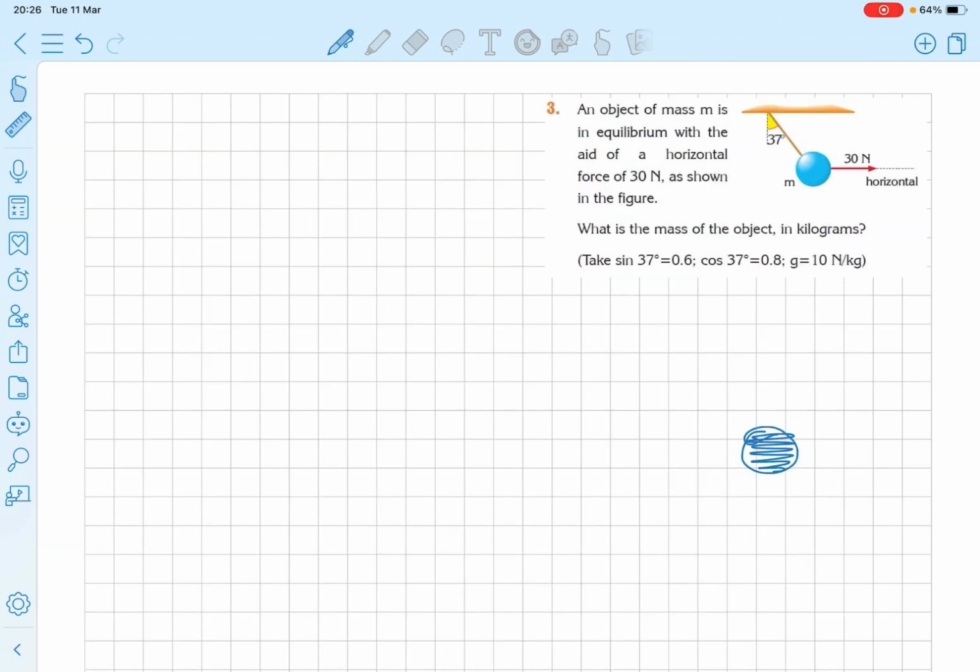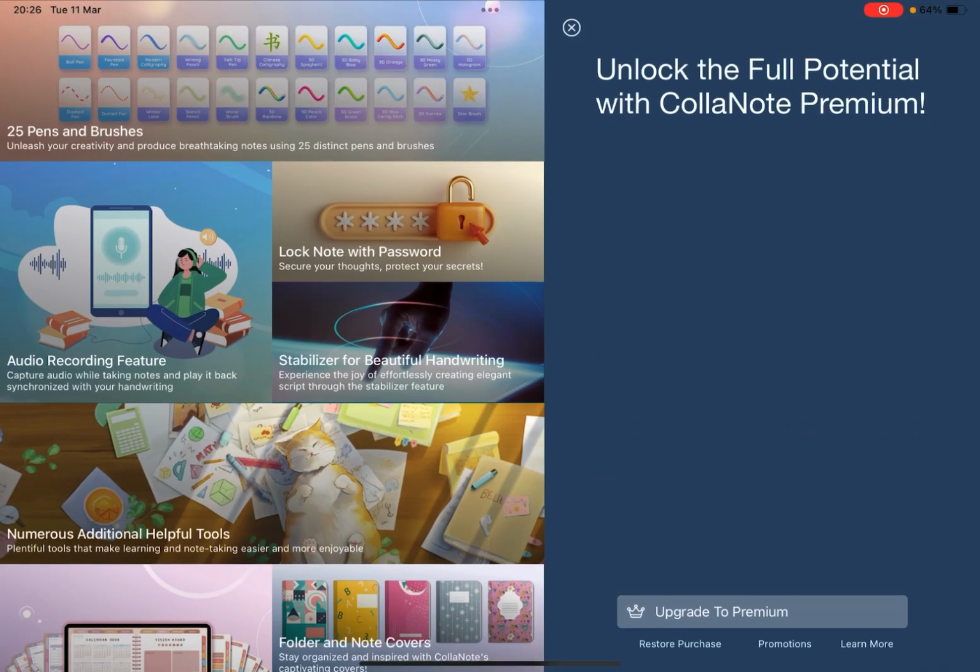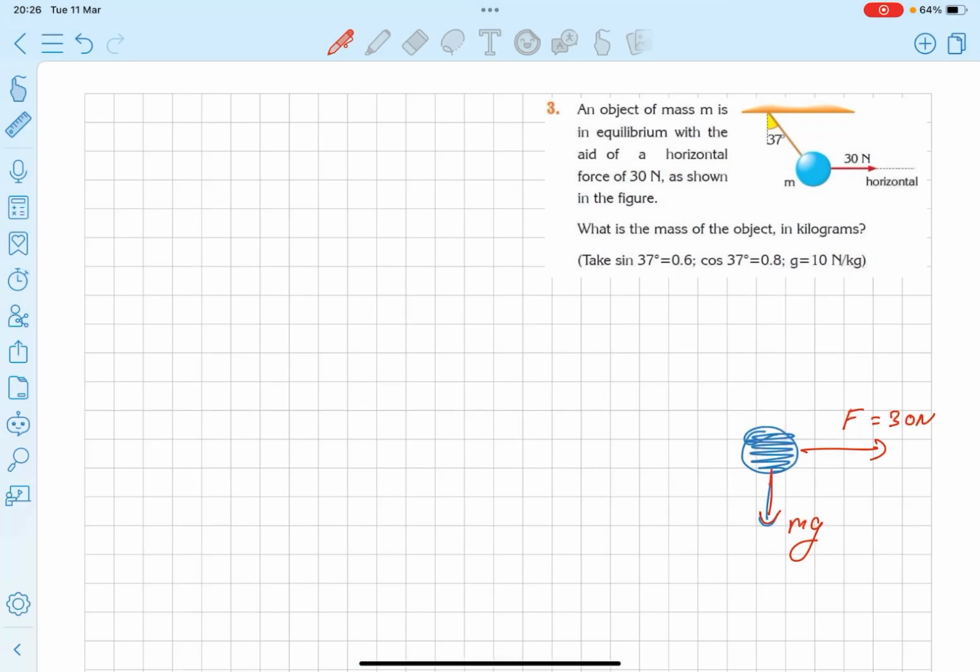Question 3. An object of mass m is in equilibrium with the aid of a horizontal force of 30 newtons as shown in the figure. Find the mass of the object in kilograms. So, the mass is not given, yeah? Downwards it is pulled by mg, and in this direction by the force of 30 newtons. And there is a tension at an angle here, yeah?